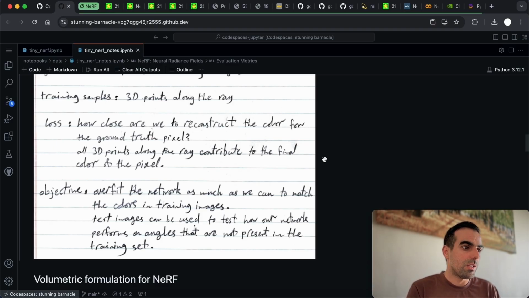And this is your test accuracy. So you are testing the model from angles that are not present in the training data. The testing concept is otherwise not really present in NeRF because you're trying to overfit the model as much as possible to the training images that you have.